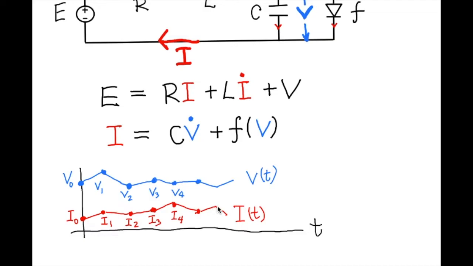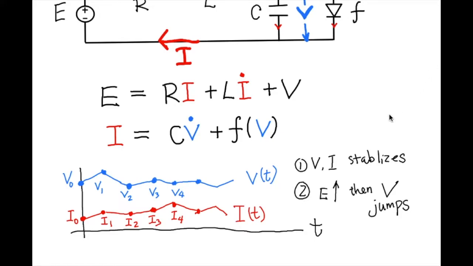By looking at the graph, I'll try to make 2 points. One is that when t goes to infinity, eventually V and I stabilize. Actually, this will stabilize very quickly.